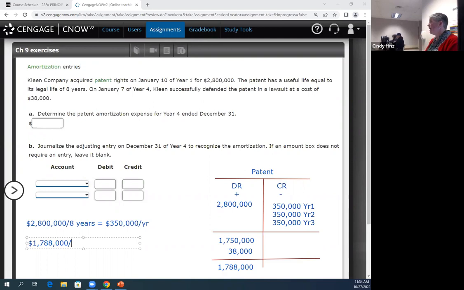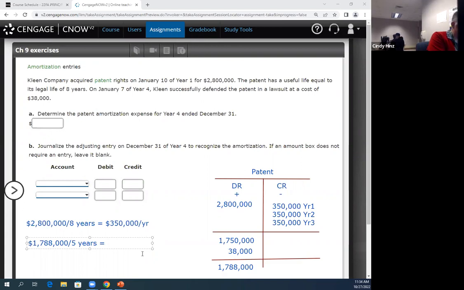Its legal life was 8 years and we've already used it for 3. So we have 5 years left, right? It doesn't tell us that the estimated useful life changed. It wouldn't extend the life of the patent anyway. But it could have shortened it. They could have said, yeah, now we think we can only sell it for 3 more years or whatever.